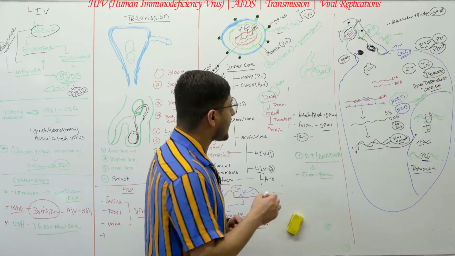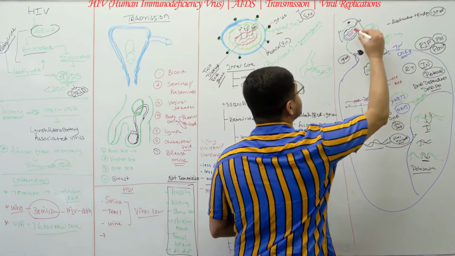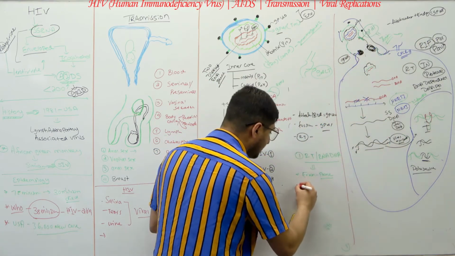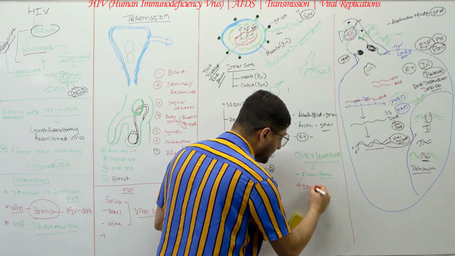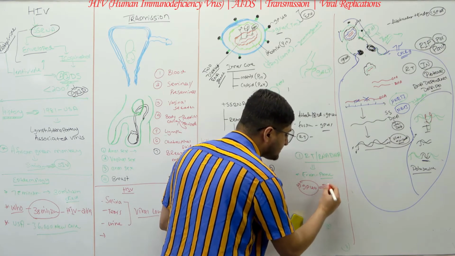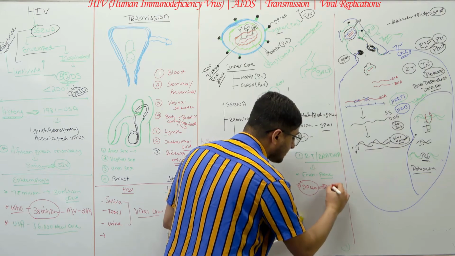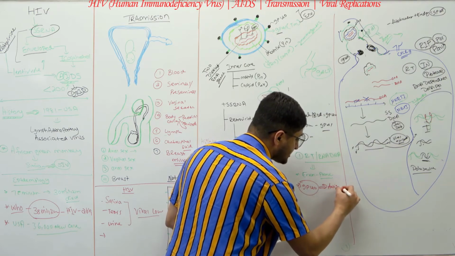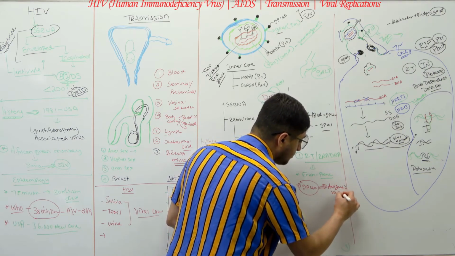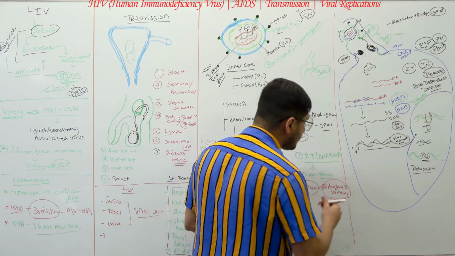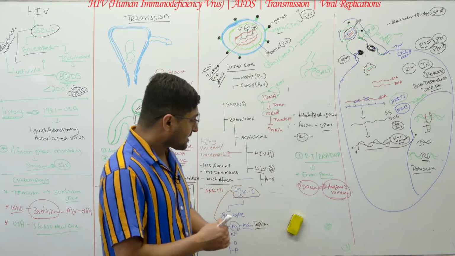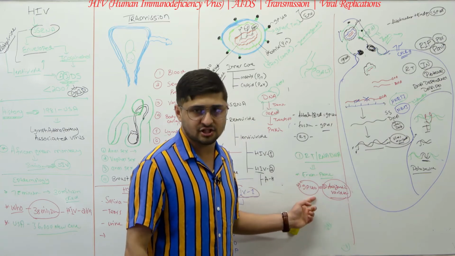Because of this, glycoprotein 120 all the time goes through something called antigenic variation. You have to remember this. What does this mean? This glycoprotein is for the attachment, right?